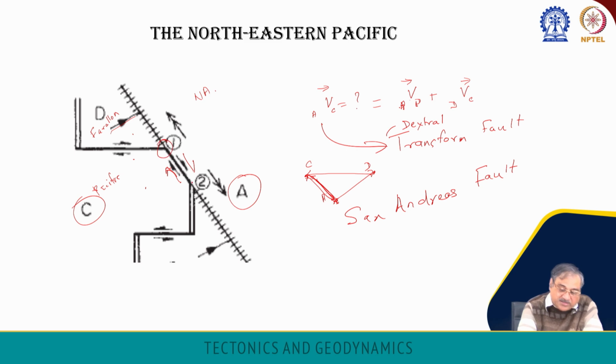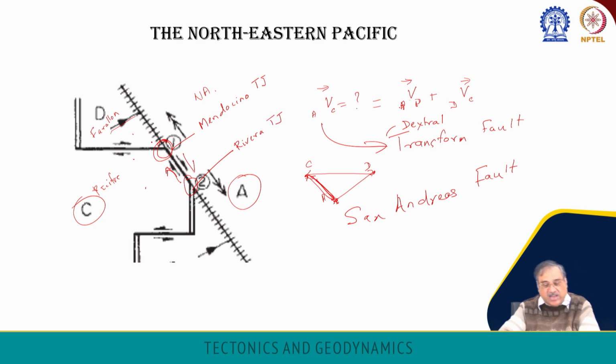What it has also resulted in is the formation of two different triple junctions. This triple junction here is called the Mendocino triple junction, the one that I showed you earlier. The southern end is called the Rivera triple junction.